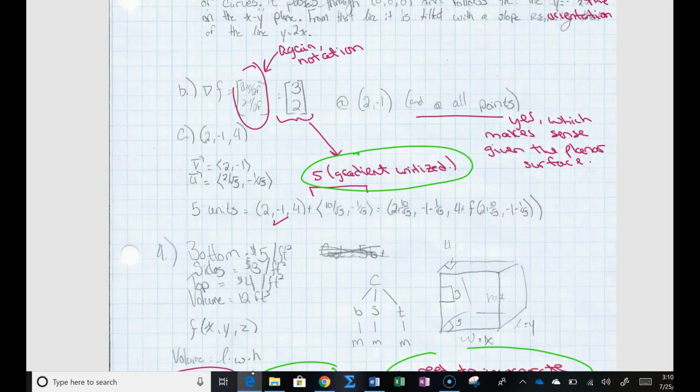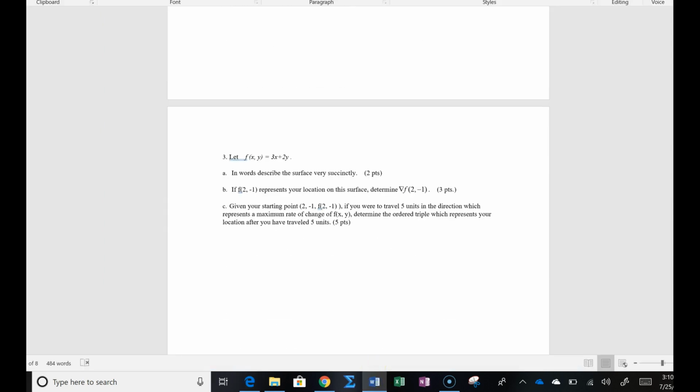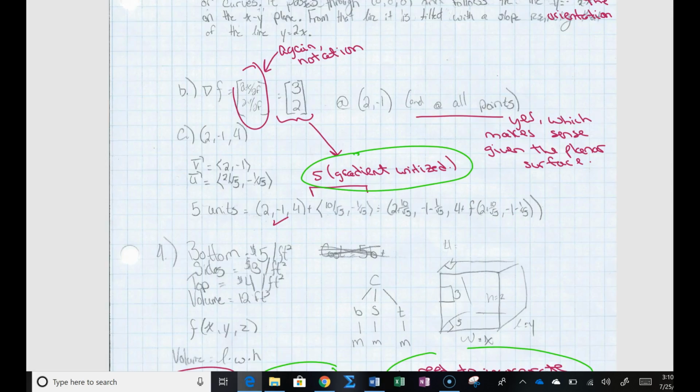Okay, part C. So here I wanted you to find an equation for a line. Let's just be clear. Given your starting point of (2, -1), f of (2, -1), if you were to travel 5 units in the direction of max rate of change, where would you end up? Okay, so you're correct that you want to take your starting point, which is right here, (2, -1, 4).